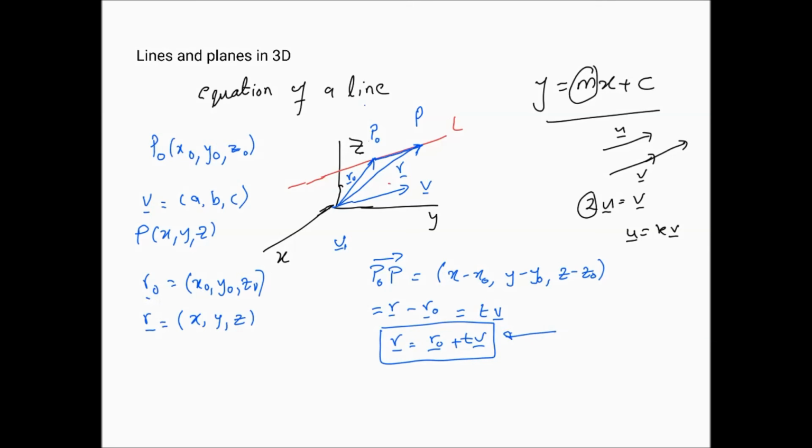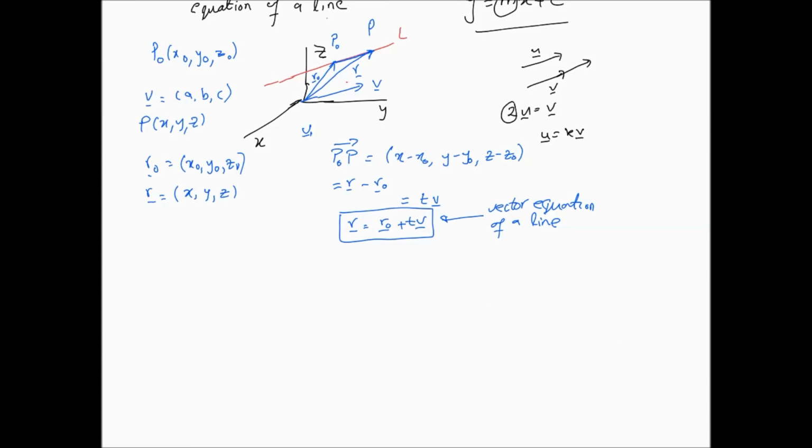This is known as the vector equation of a line. And I'm not going to say 3D only, because whereas I've done the example for 3D, we can easily remove the z coordinate, and the same thing applies in 2 dimensions.